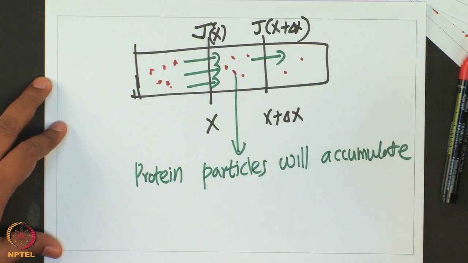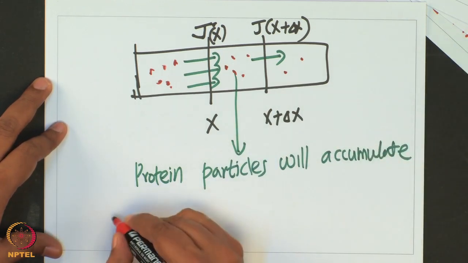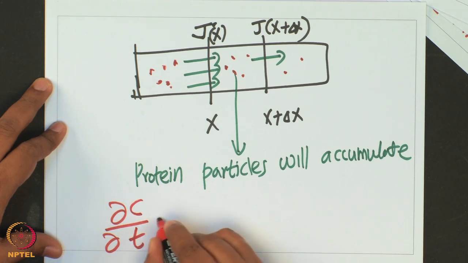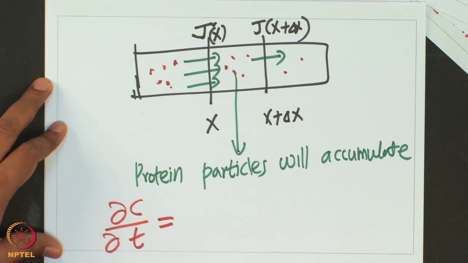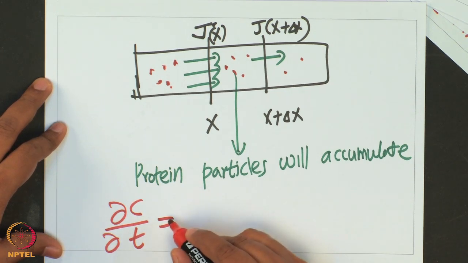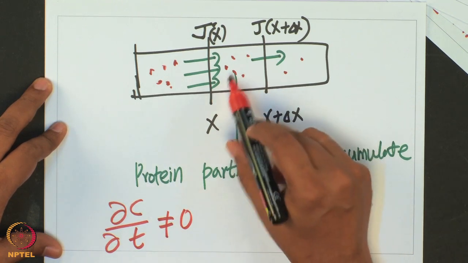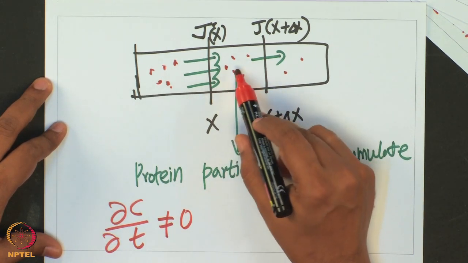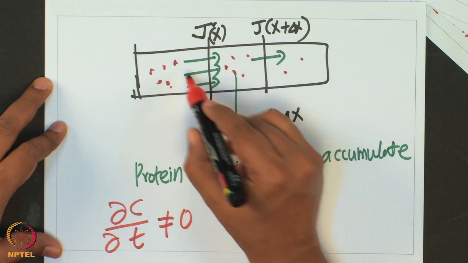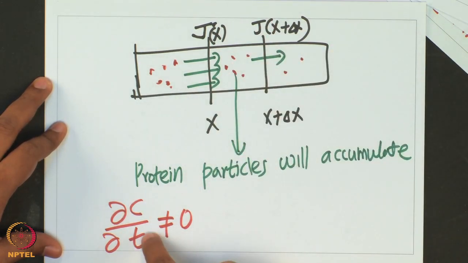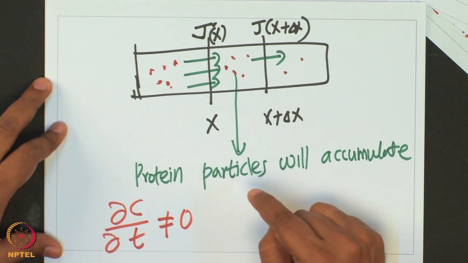So the concentration change here, del C by del T, will not be 0. This is because the concentration will change with time. As we wait, more and more particles will diffuse in and start accumulating here and the concentration will change with time. Del C by del T will not be 0.